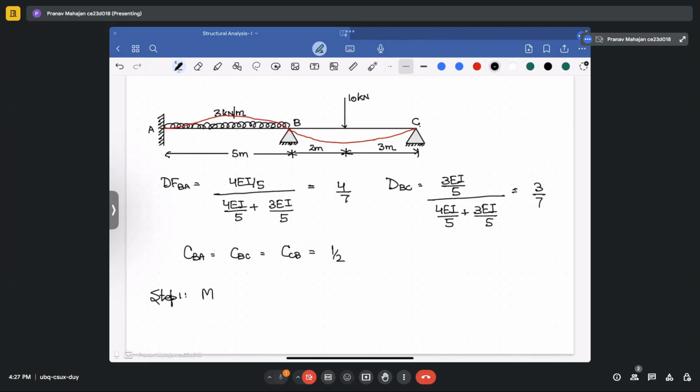So that will be MABF equal to minus 3 into 5 square divided by 12, and that is coming out to be minus 62.5 kilonewton meter. And your MBAF will be equal to 62.5 kilonewton meter.